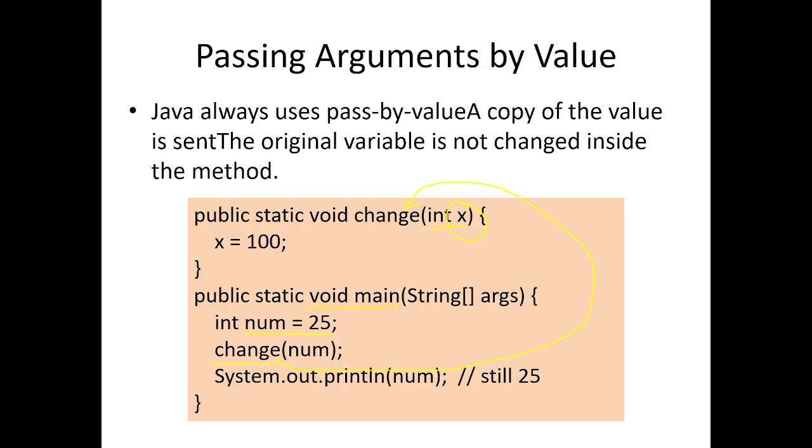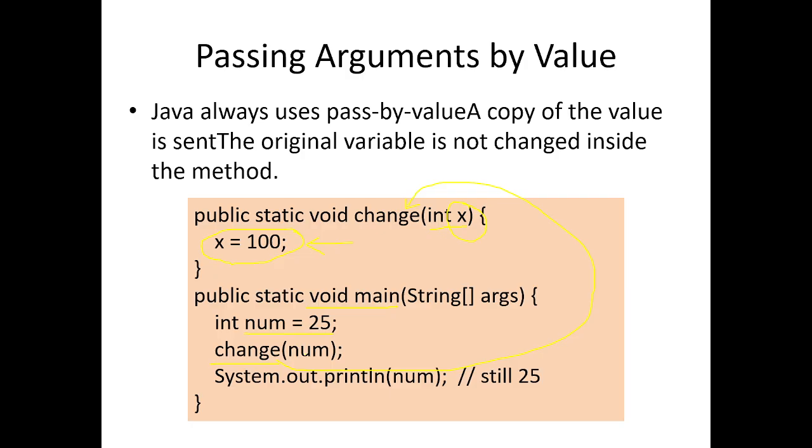Now there is x equal to 100. This x equal to 100 is actually a different number from main, correct? Basically nothing changed here, even though there is a statement here, x equal to 100. This is the process to show when you call change with num, change is a method name, like a function name.